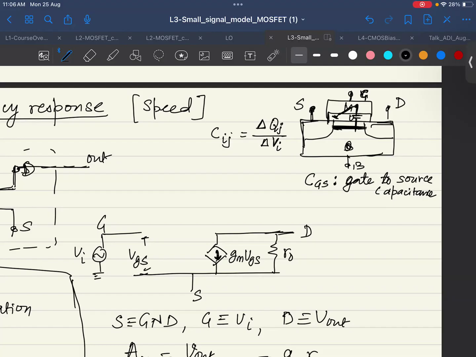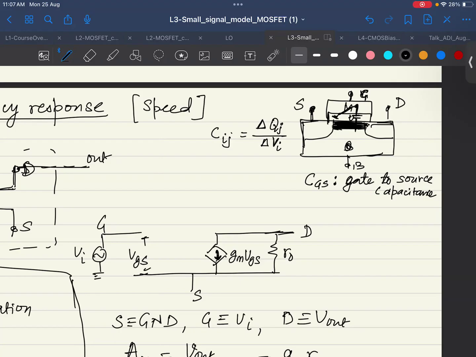So the charge is basically divided, partitioned between the source, because the source is going to claim that charge, saying okay, this is my charge, and the drain is going to claim its charge, saying it is my charge, right? And if the charge profile is very uniform, then we can say half of this is source and half of this is drain. But if the profile is not uniform, then we cannot say the same.